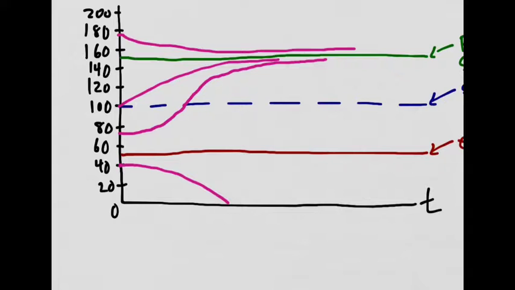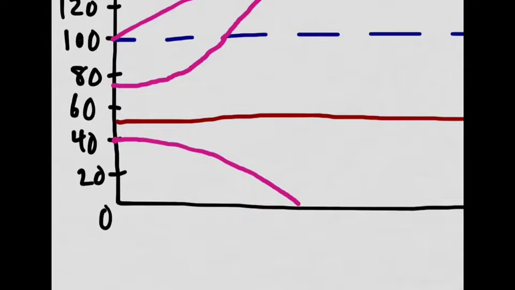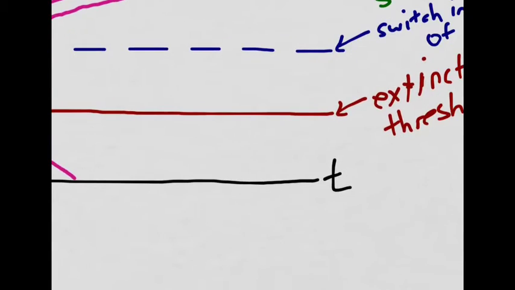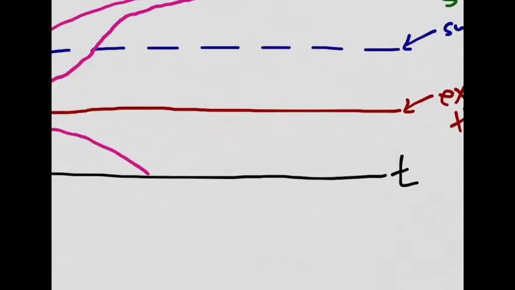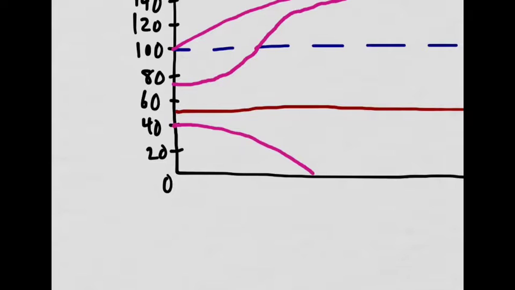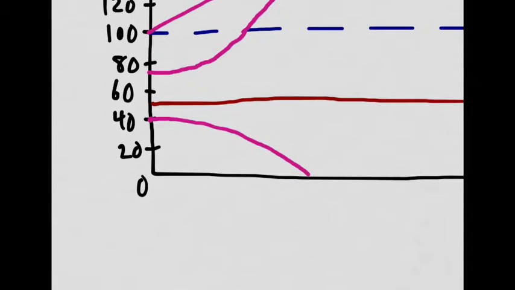However, if there were, say, less than about 50 mice in the barn when the cat showed up, I'm calling this the extinction threshold. If there was less than 50 mice, then the population would go extinct.